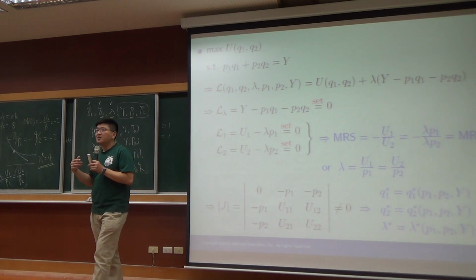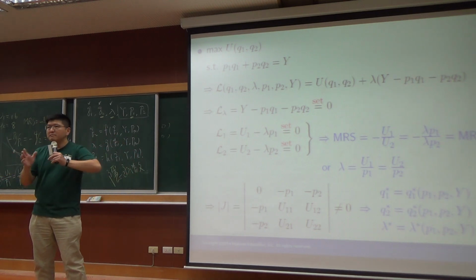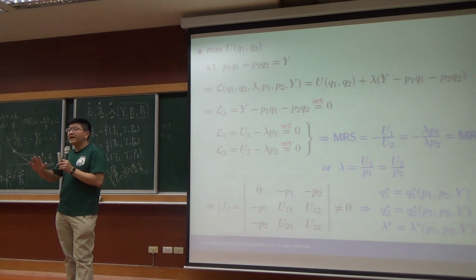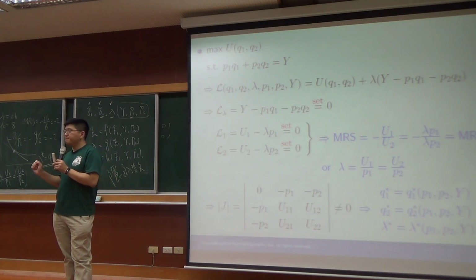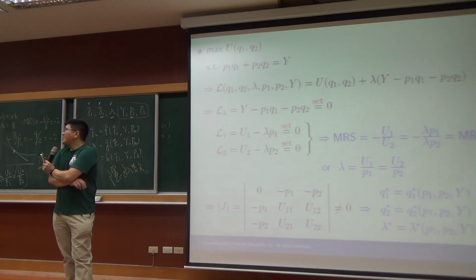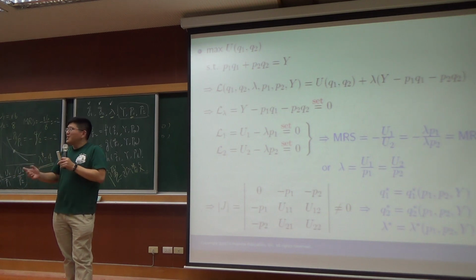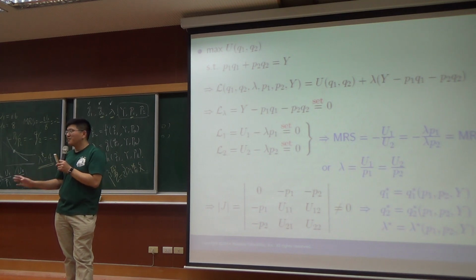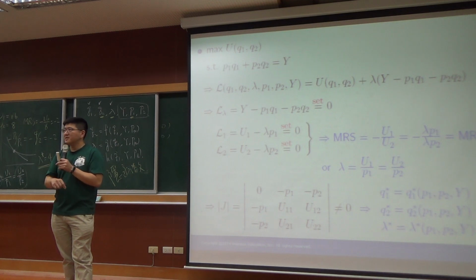We economists use mathematics as a tool, helping us to analyze problems. But we are not dominated by mathematics. Don't be a slave of mathematics, okay? Don't be a slave of mathematics. We are the master of mathematics.